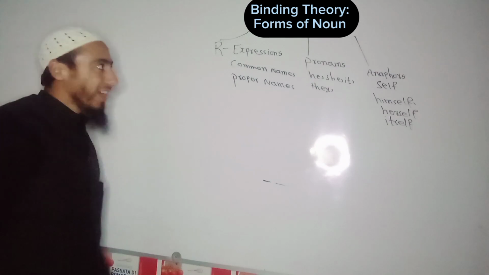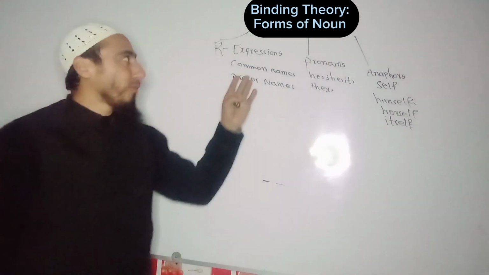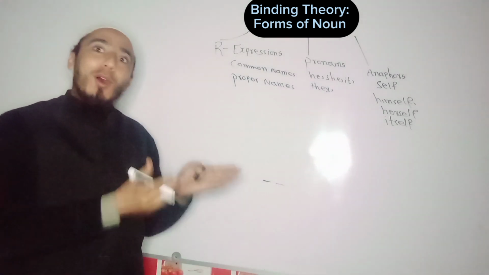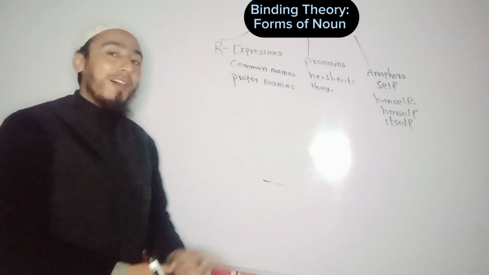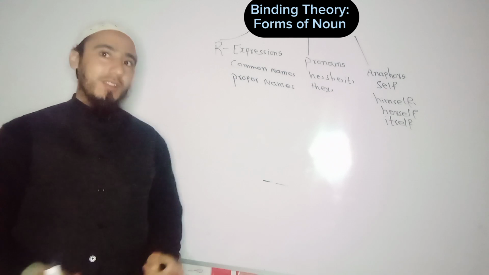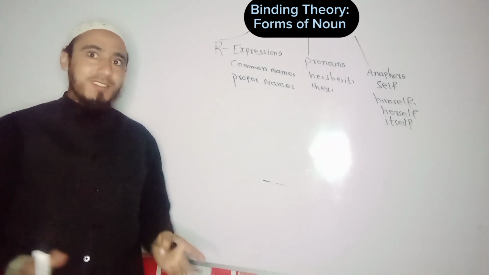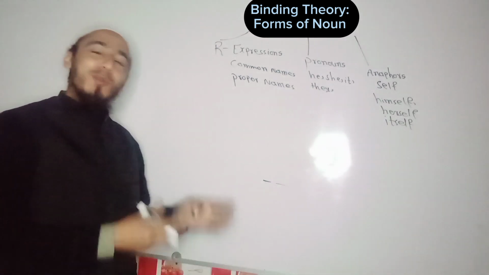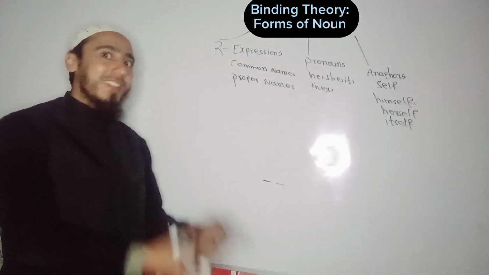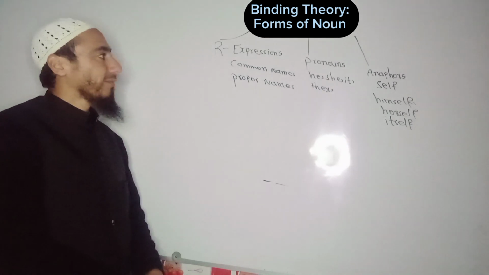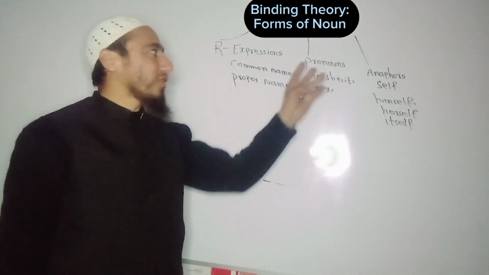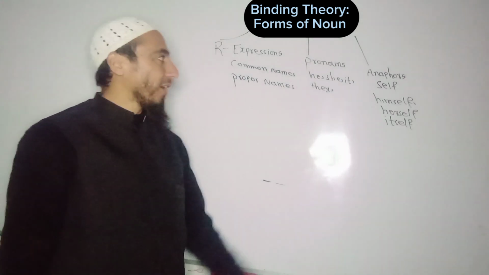Now, whenever we are talking about R-expressions, they are actually referring to entities, someone or something which is present or real in the physical world. Same is the case when we are talking about pronouns.